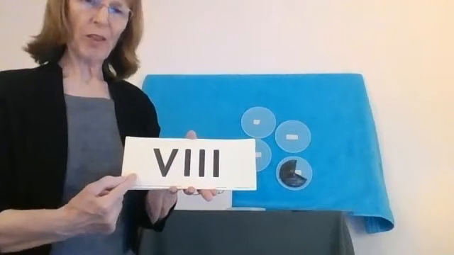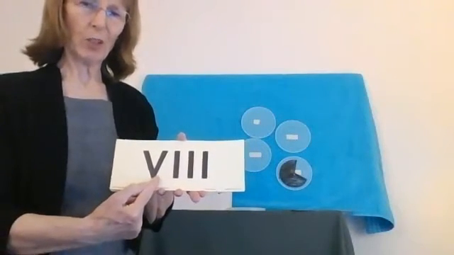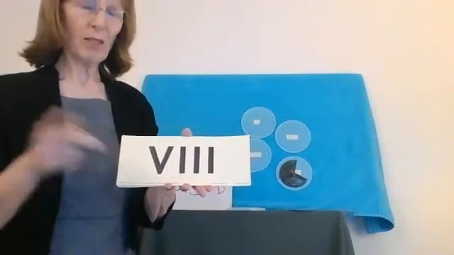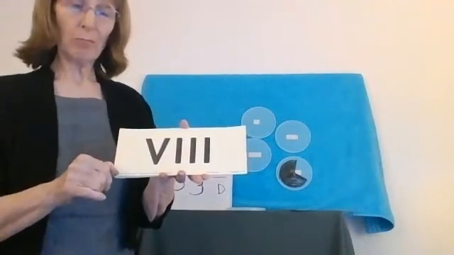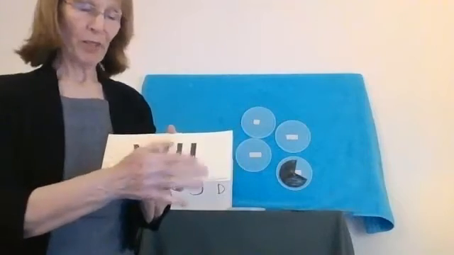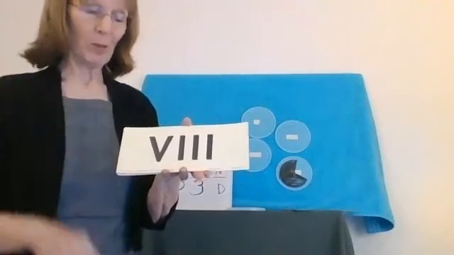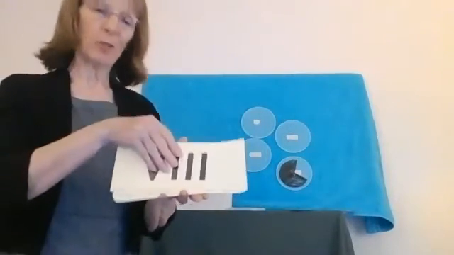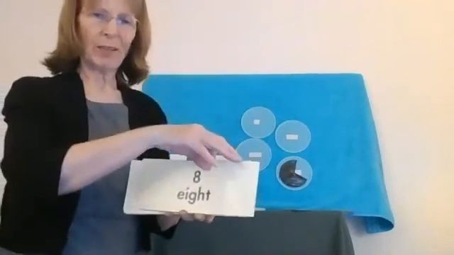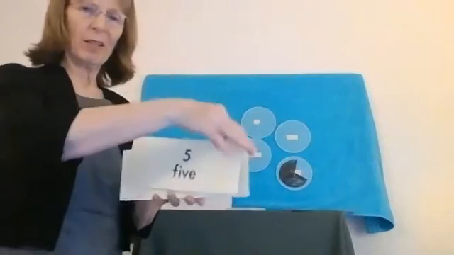If they were on this side of the larger, we would subtract. So what you do is remember what a V is. It's a 5. And you know what these are. The I's are 1s. So you add 5 plus the 3, and what is your answer? 8. Good. We already decided a V is a 5.